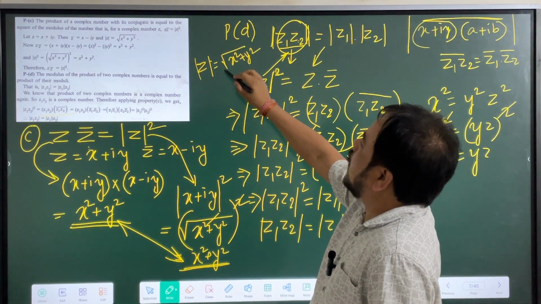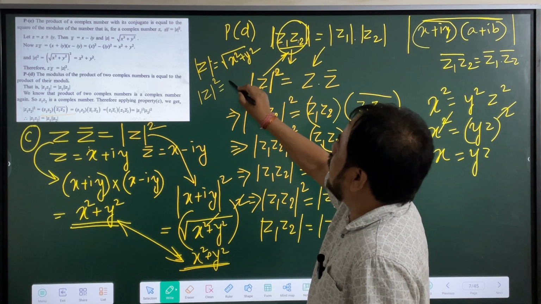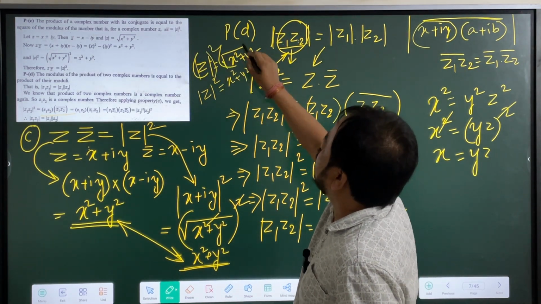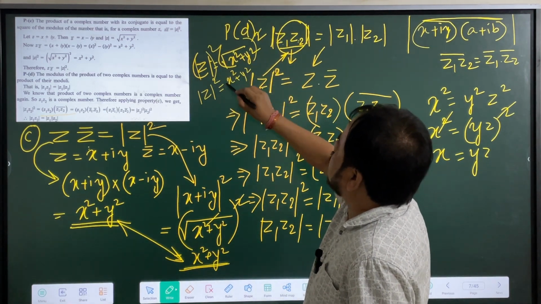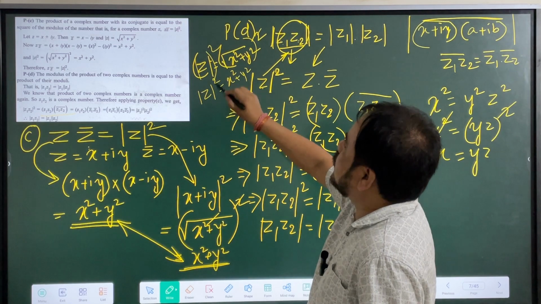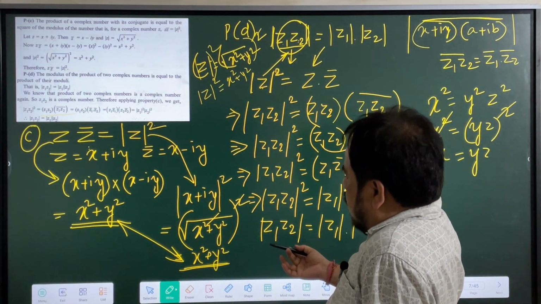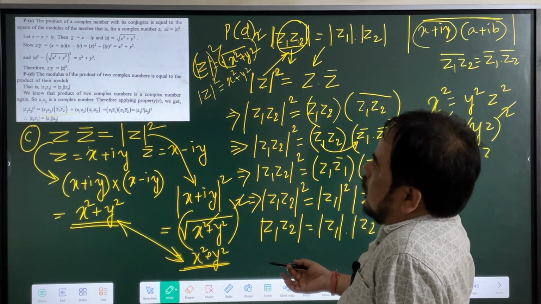If we square both sides, square and root cancel, so modulus of z square is x square plus y square. Modulus of z square is equal to x square plus y square.